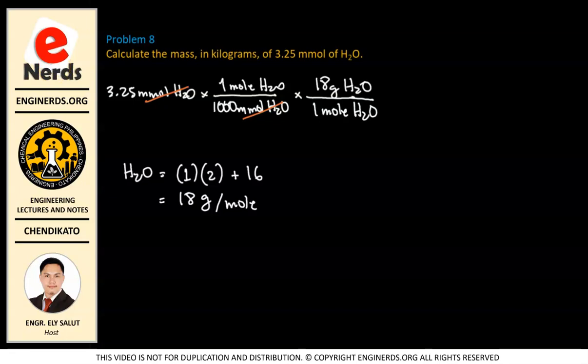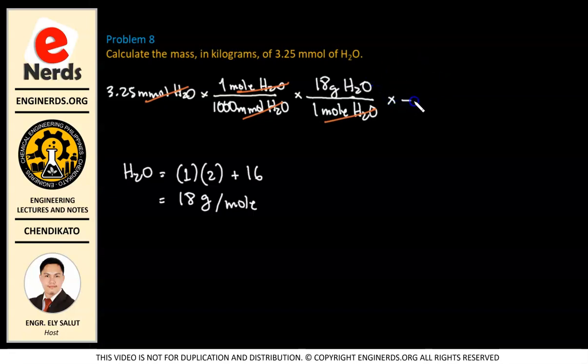So again, you can see that our moles of water will be cancelled out. So what's left here is the 18 grams of water in our numerator. However, what we need to find out is the mass of water in terms of kilograms. So that means we need to convert these 18 grams of water into kilograms.